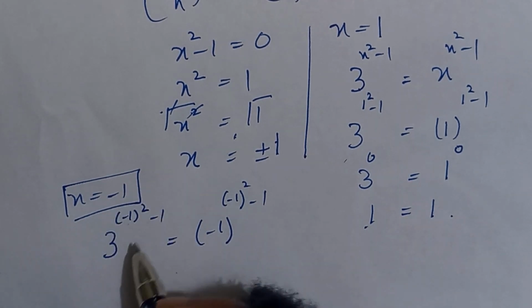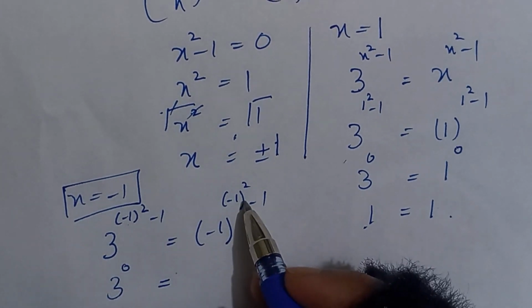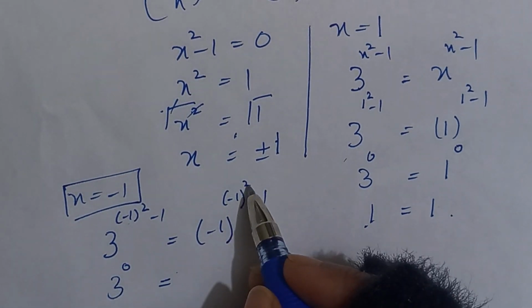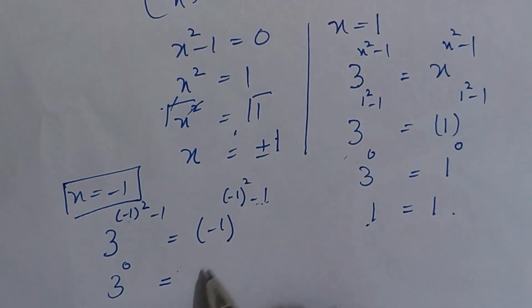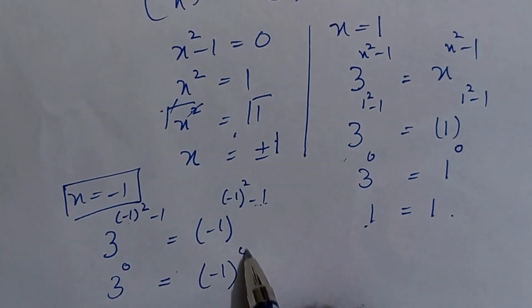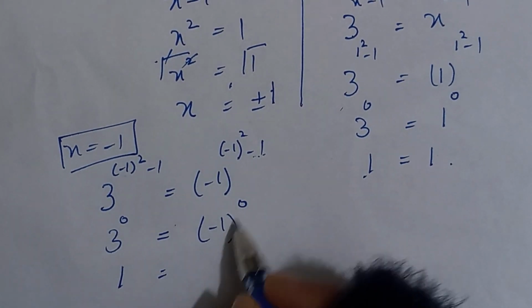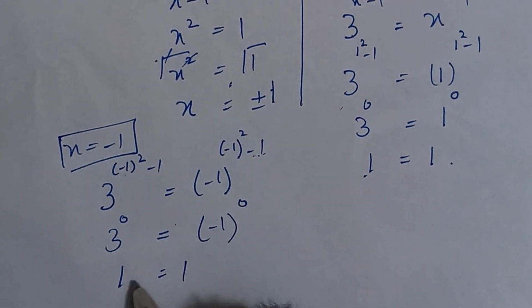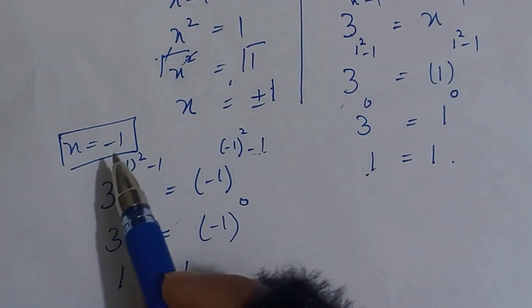So the left hand side will become 3 raised to the power 0. Now look at this. Minus 1 square is equal to 1, and 1 minus 1 is 0. So this will become minus 1 raised to the power 0. So as we know, 3 raised to the power 0 is 1 and minus 1 raised to the power 0 is 1. So left hand side is equal to right hand side. So we have done for x is equal to minus 1.